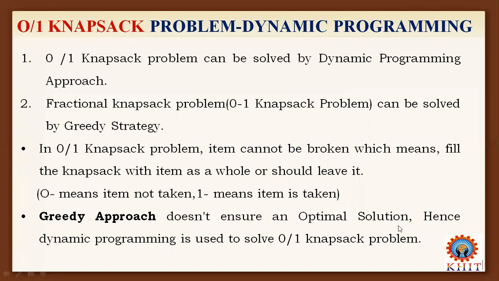That means there is no guarantee that we are getting the correct answer or optimal solution when we apply the greedy approach to solve the fractional knapsack problem. Hence, to overcome this drawback, we can use the dynamic programming technique to solve the knapsack problem.